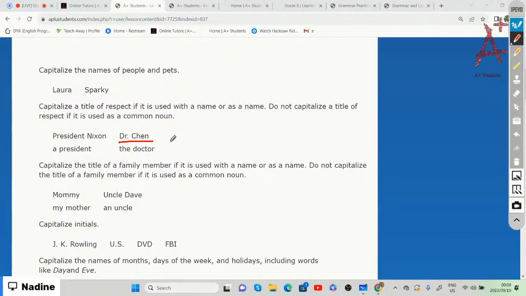If you just say a president, or the president, the way you are saying it is generalizing it, so it should be written in lowercase because it's a common noun. But as soon as you specify which president and write the name of the president, then you need to capitalize it.